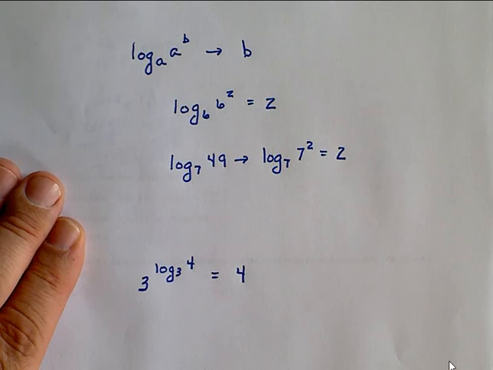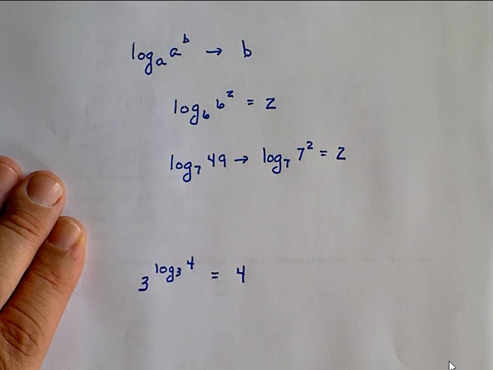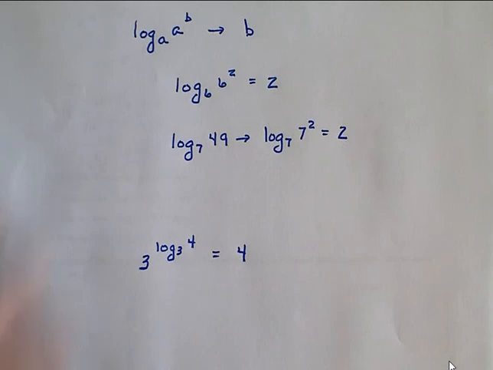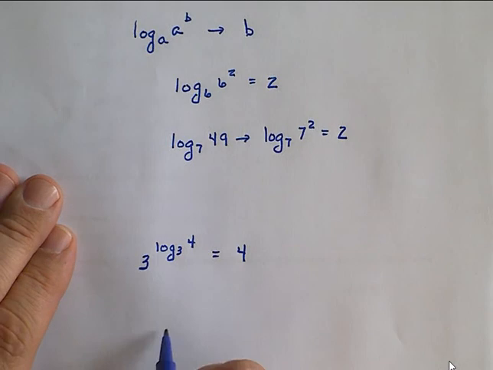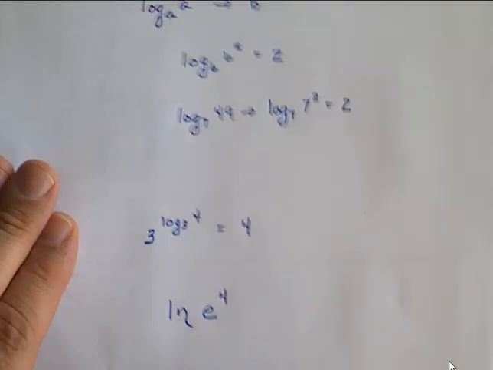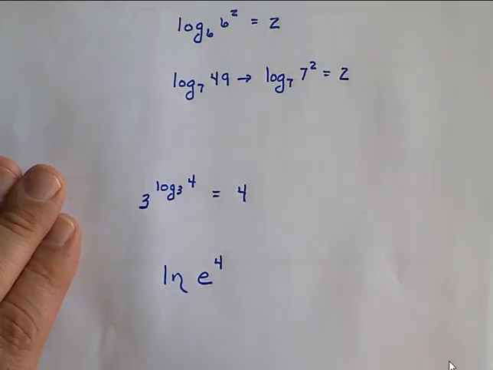So these are special cases that allow you to do some simplifying. They will throw some of those in, so just be aware of that. Let me give you a good example of what it's going to look like on both tests and homework. If I have the natural log of e to the 4th power, then remember what natural log stands for.